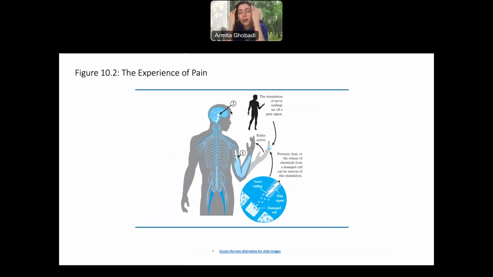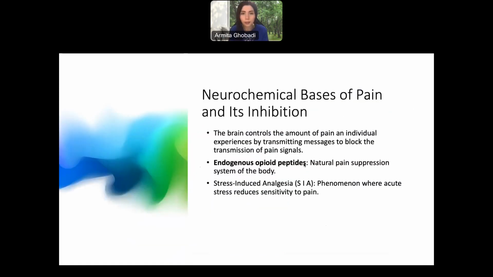Another point is here you can see heat or chemical release of some sort of substances that's going to bring you damages. If, for example, it is heat or a paper cut, definitely it's going to be A delta fibers. However, for polymodal, which we already talked about, for example chemical damage, it's going to be C fibers. Keep that in your mind.